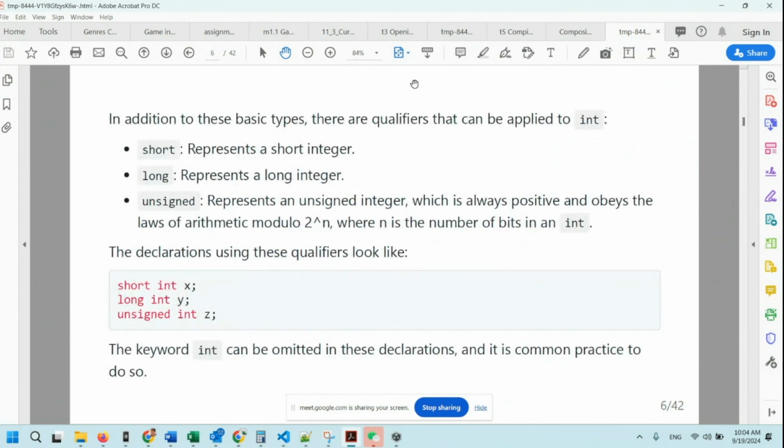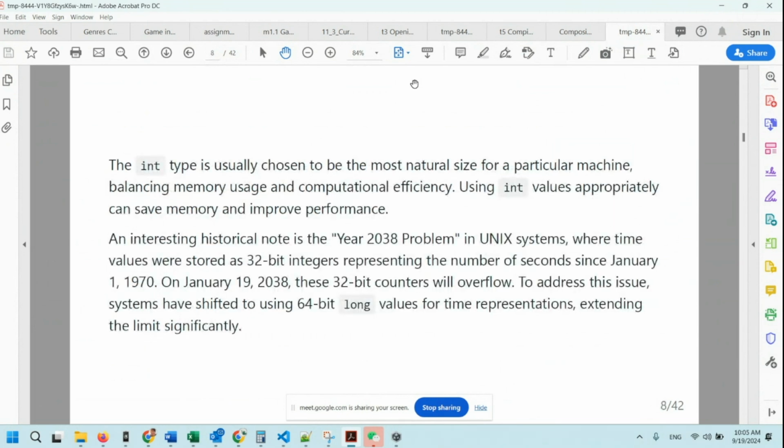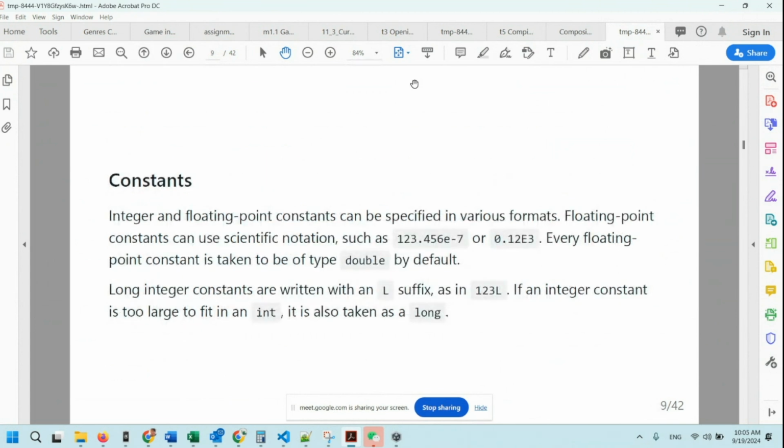So, qualifiers for the integer, including short, long, unsigned. Unsigned means it's always positive, by the way. And how many bits in a modern system? Okay, it's not 100% for every machine, but that's the typical case. Integer is the most popular.